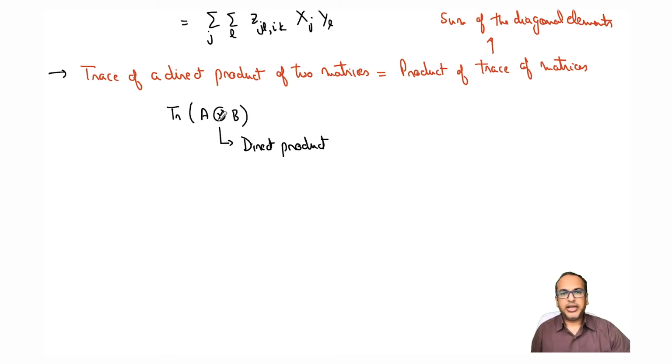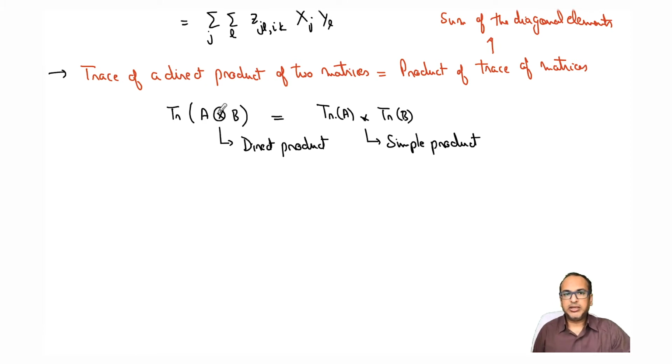So we are saying that the trace of the direct product of two matrices, matrix A and matrix B, is equal to the product of trace of A into trace of B. So now notice that this multiplication is a simple product, because these are just numbers. Numbers can always have only the simple product, whereas the two matrices have a normal matrix multiplication or a direct product, right? So this is a direct product.